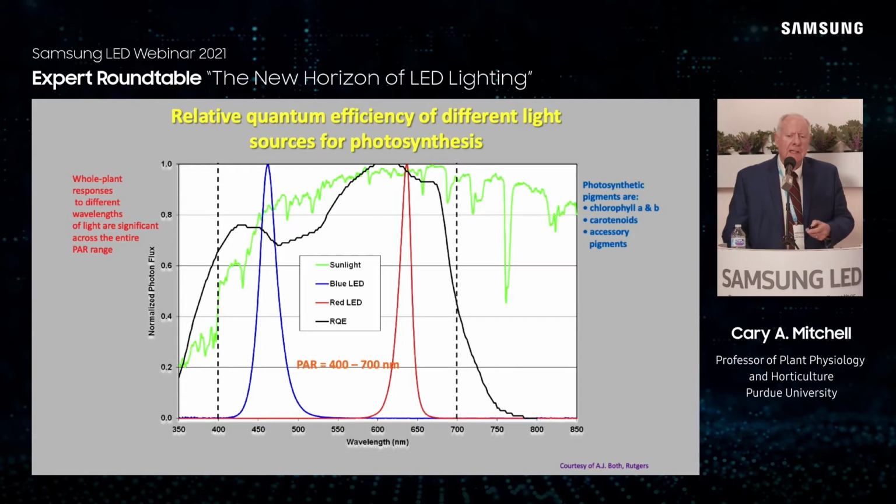There's a secondary peak in the blue, which is from 400 to 500. And then surprisingly, there is relatively good, but a little bit reduced efficacy of green light from 500 to 600 roughly. So even though chlorophyll A and B don't really absorb green light, plants do. And that's because they have carotenoids and other accessory pigments that are contributing to that. So we can't discount green light in plant lighting.